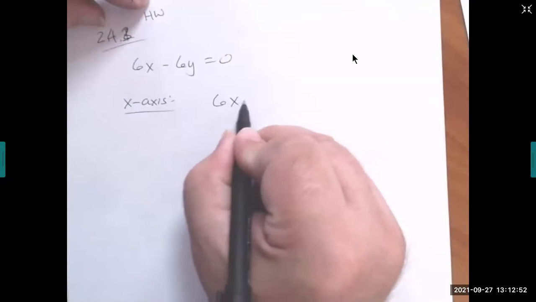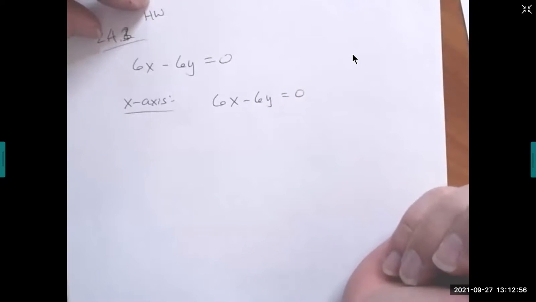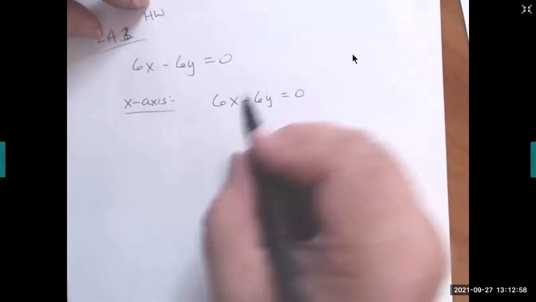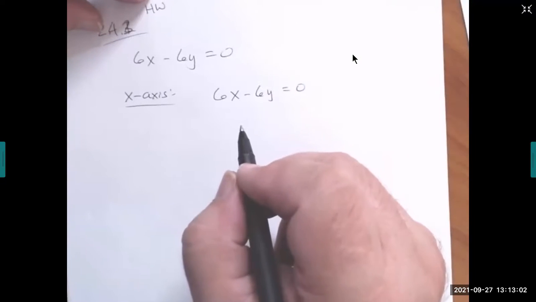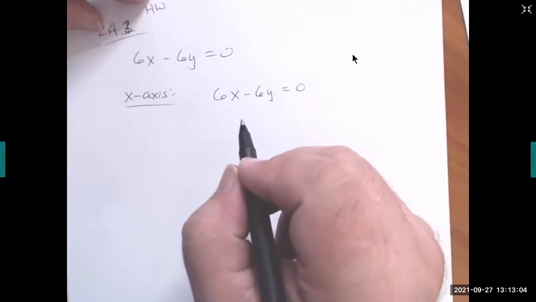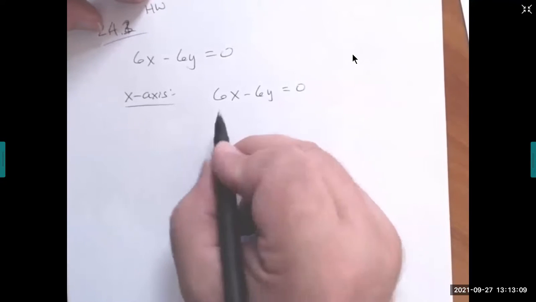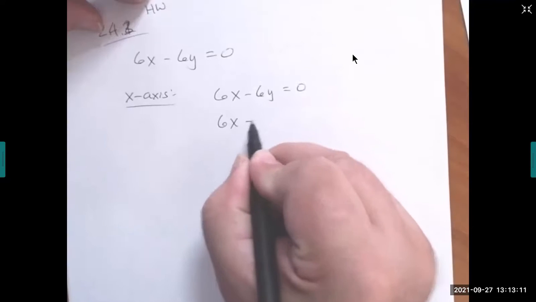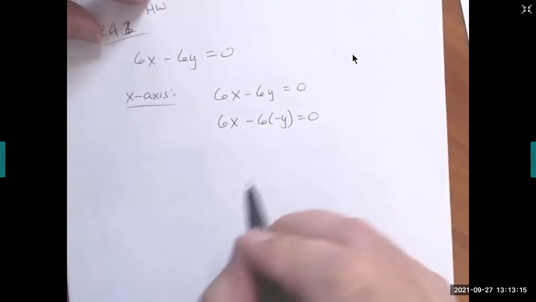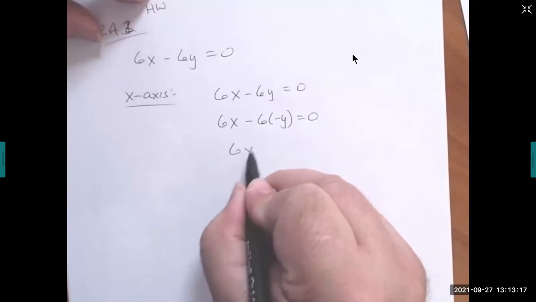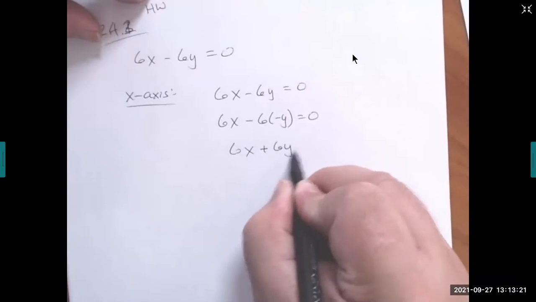We have 6x minus 6y equals 0. What do you change when you test for the x-axis? The y's, yeah. So we have 6, change that to negative y. So that becomes a positive 6y.